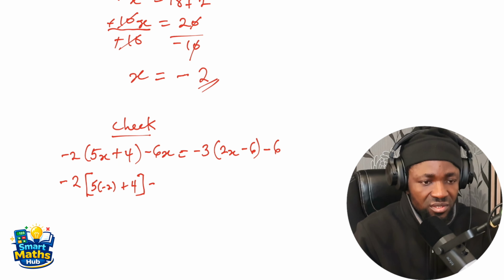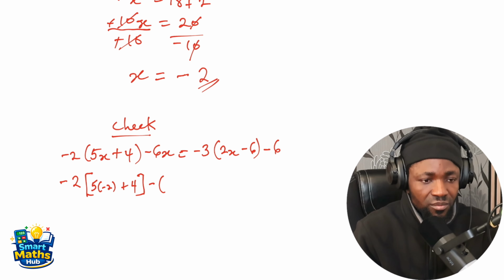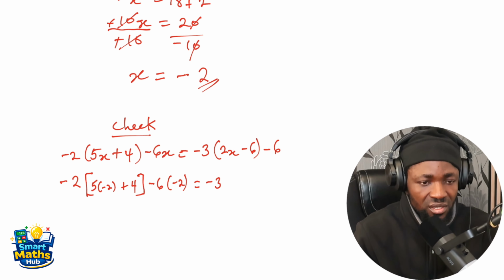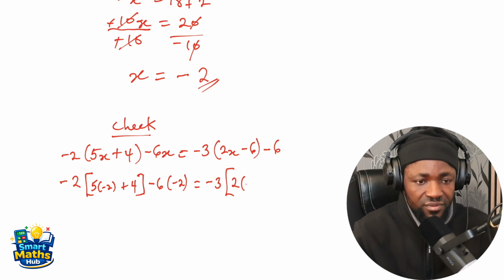Then minus 6 times the value of x, which is minus 2, equals to minus 3, open the bracket, 2 times the value of x, which is minus 2, close the bracket, minus 6.